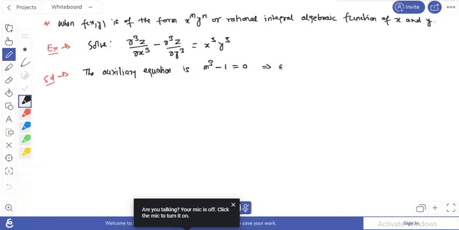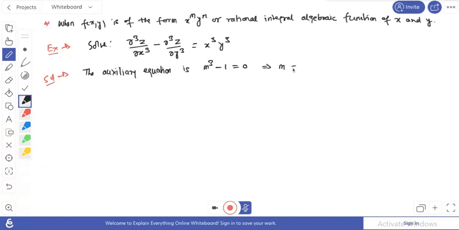This implies the roots are the cube roots of unity, so 1, omega, omega square. Therefore our complementary function equals phi 1 of y plus 1 into x, that is y plus x, plus phi 2 of y plus omega x, plus phi 3 of y plus omega square x.